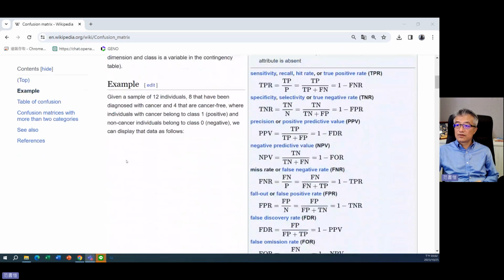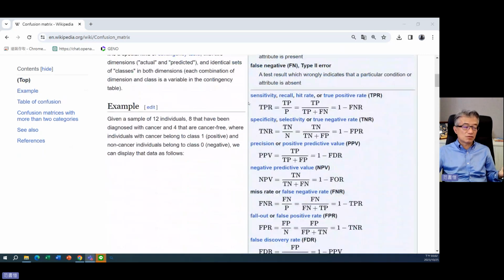So the first of all is known as sensitivity, or called recall, or the hit rate, or true positive rate. In the denominator, it is the P, the positive, all the instances of the actual positive. In the numerator, put the true positive, and the denominator is true positive plus false negative.